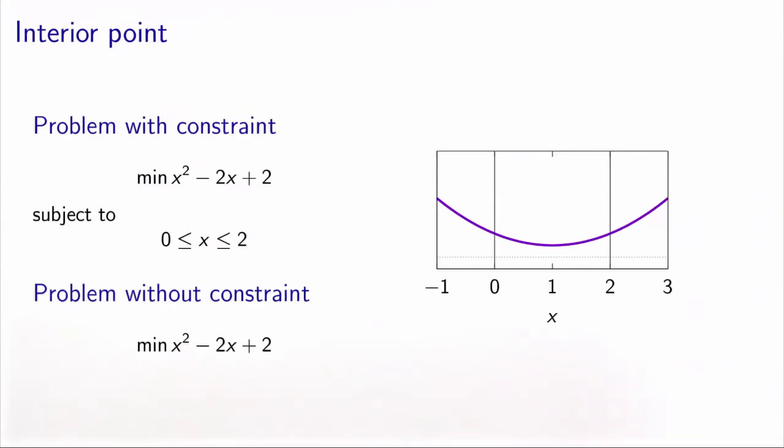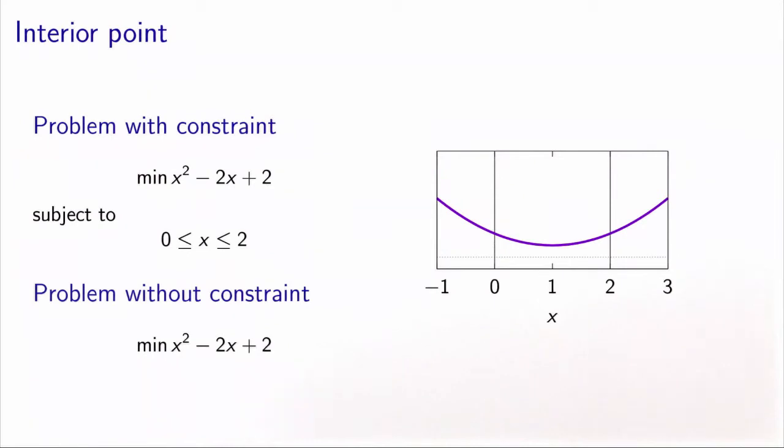A concept which is interesting in terms of defining the constraints is an interior point. Intuitively, an interior point is a point which is at the interior of the constraint, so which is somehow away from the boundaries of the constraints. So let's consider this simple example where we want to minimize this quadratic function under the constraints that x must be between 0 and 2.